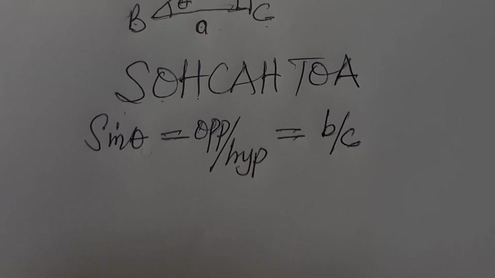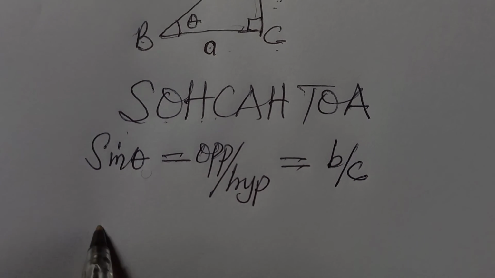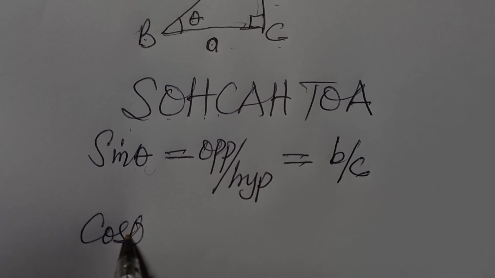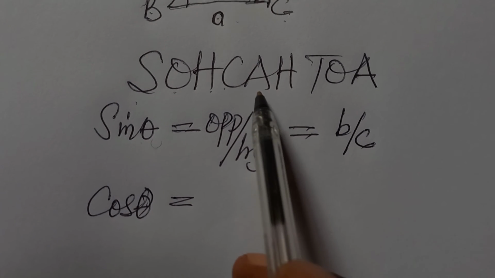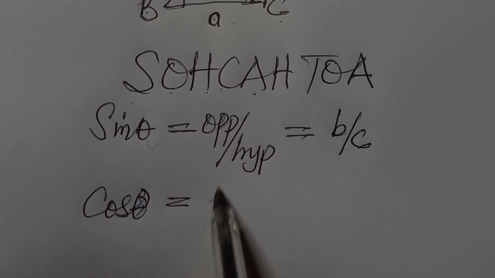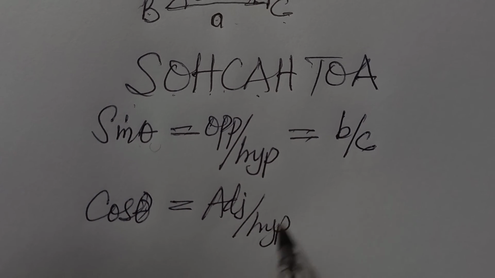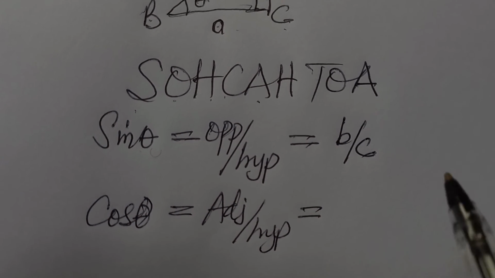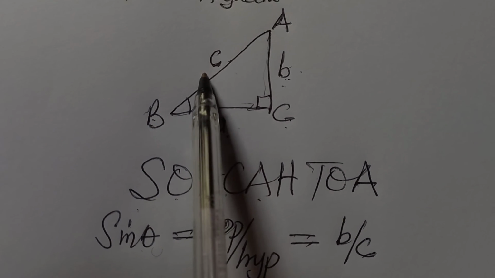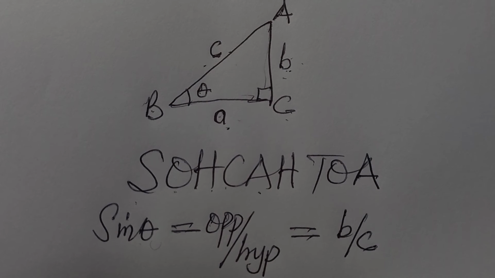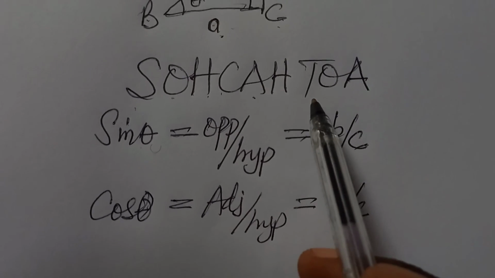All right. The next one we're going to look into is cos theta. And this cos theta is adjacent over hypotenuse, which by the ABC parameter, this is where we have our adjacent and this is our hypotenuse, which will be a over c. The next one we have is the tangent.